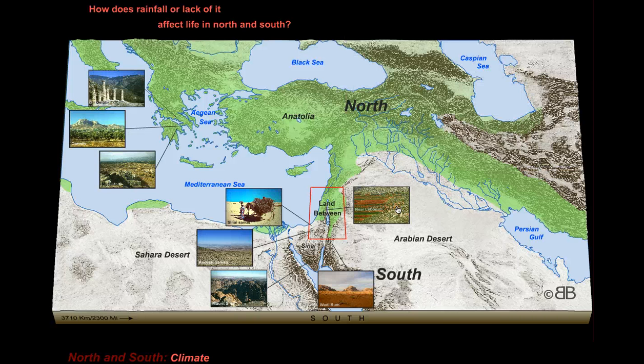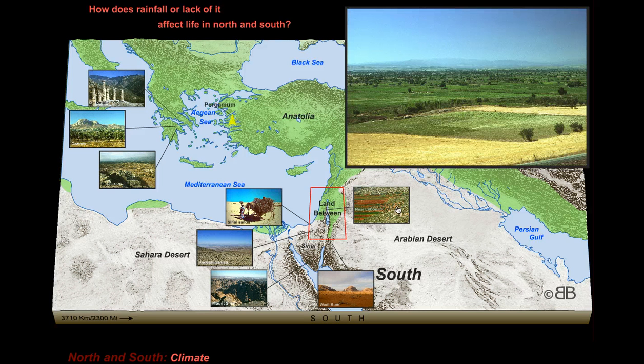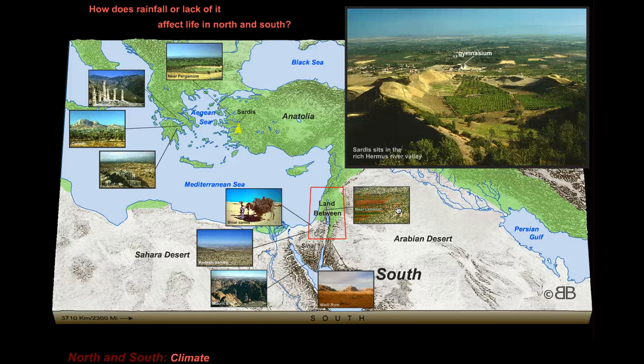On the western coast of Anatolia, or Asia Minor, alluvial-filled river valleys run westward toward the Aegean. This view, near Pergamum, looks across the agricultural valley of the Caicus River. Farther south, Sardis sits in the rich Hermus River valley.